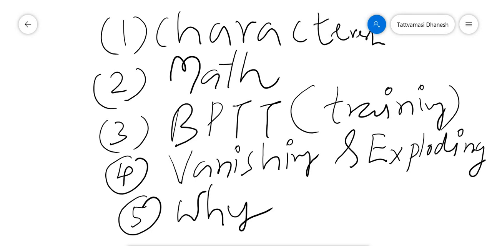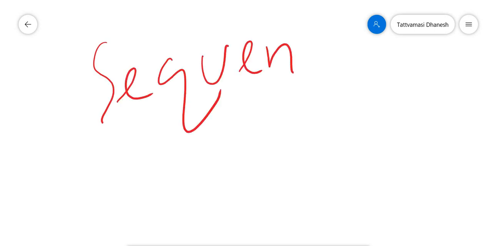In the last video as well, one important aspect we discussed is that RNNs are used to process sequential data. Very important. This is the difference between RNN and convolutional neural network.